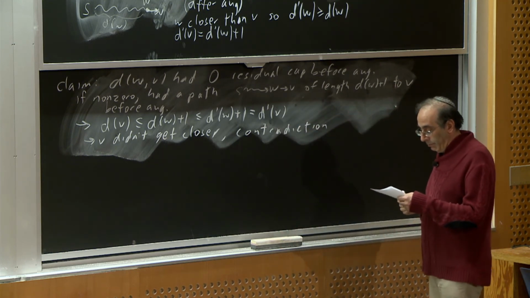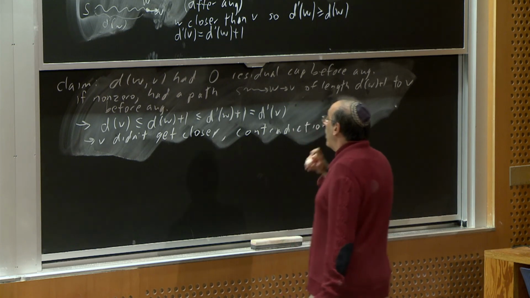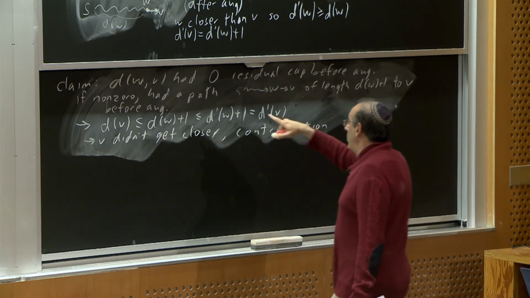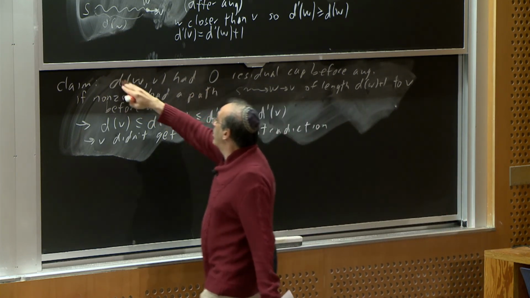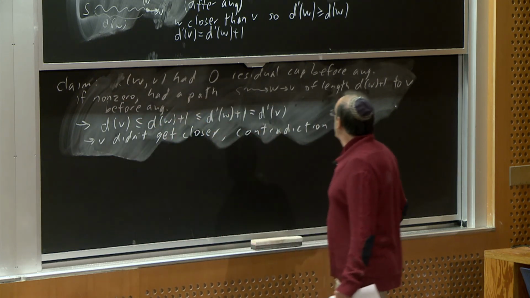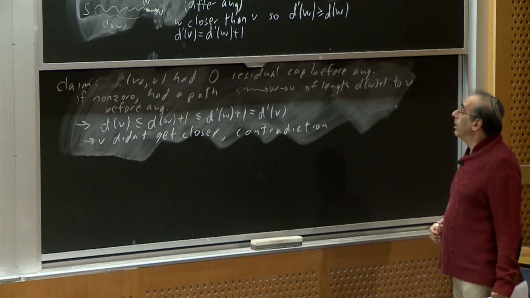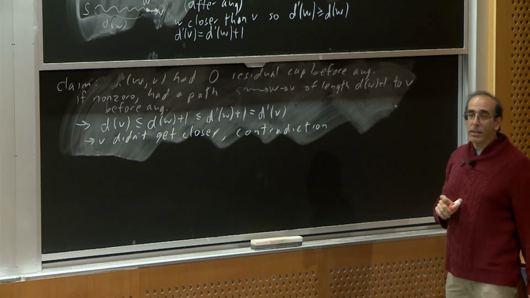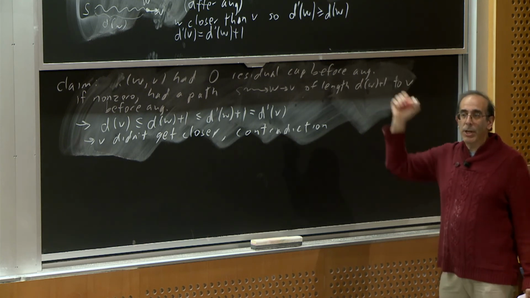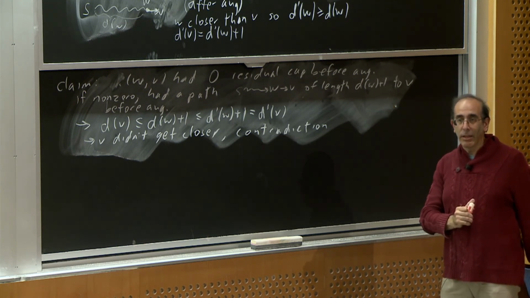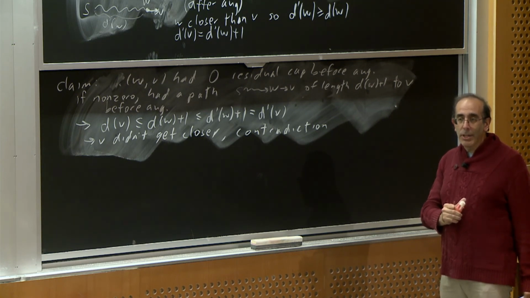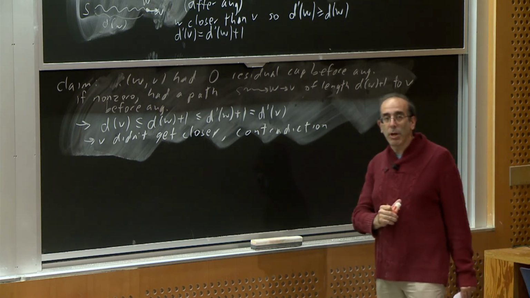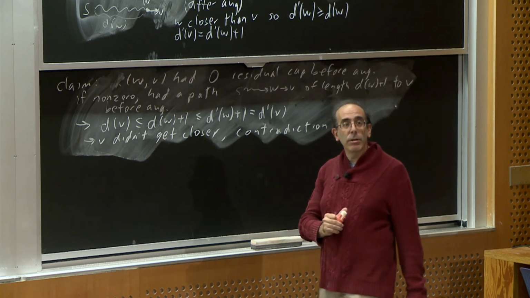Okay. So edge WV had 0 residual capacity before the augmentation. Now it has residual capacity because it's being used to make the new path for V. How did that happen? How did WV end up with residual capacity after the augmentation?